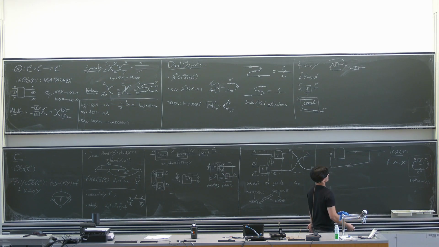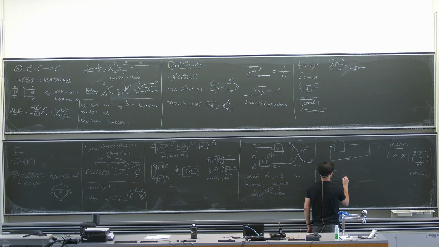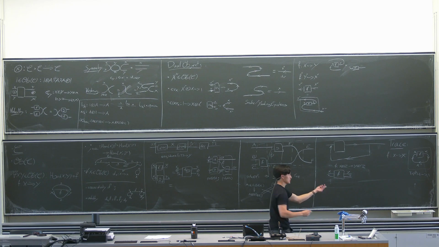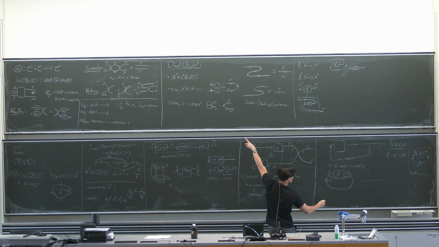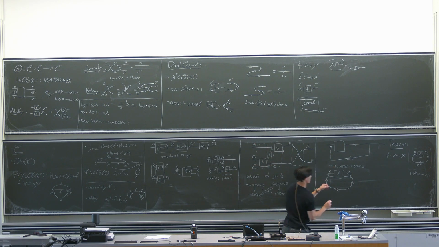So let's extend this definition of trace now for more general morphisms, say f from x cross z to y cross z, right? Now what we can do is we actually trace over z because it's the only thing we can trace over. We can't feed y into x. So what we do is we, boom, using those two guys, we define the trace.